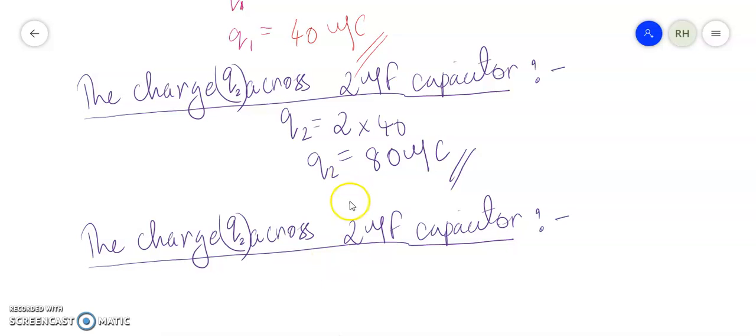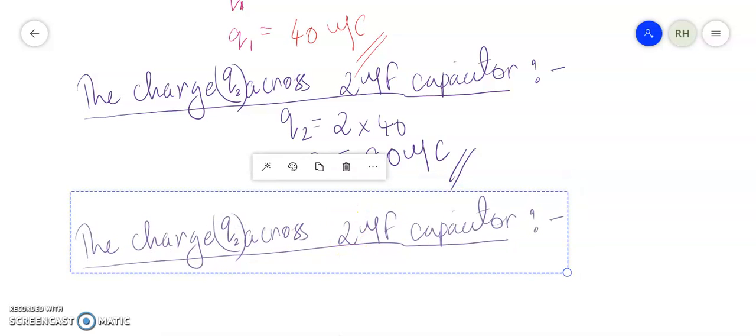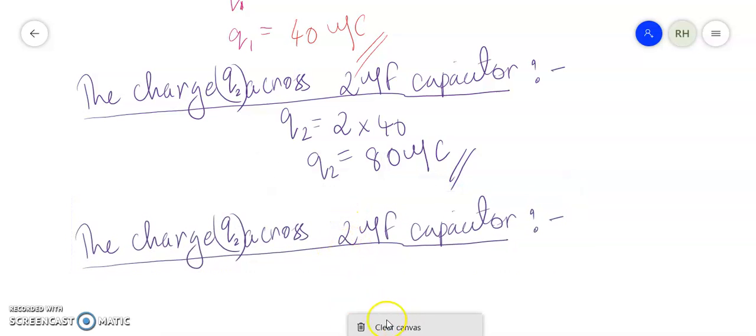And I will be naming this as, so it's going to be charge across 3 microfarad capacitor.